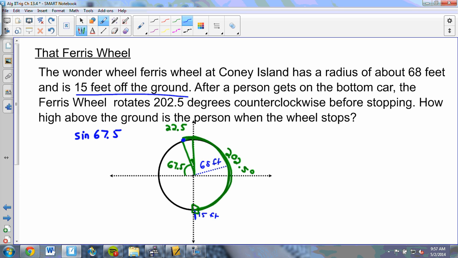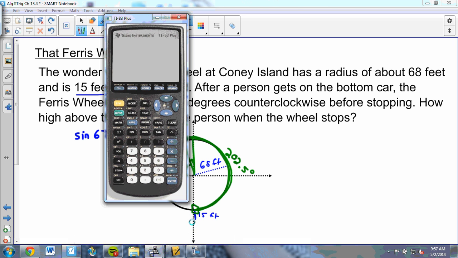The sine of 67.5, if you're in degrees, put it in degrees, and I do the sine of 67.5. And I get 0.9238.